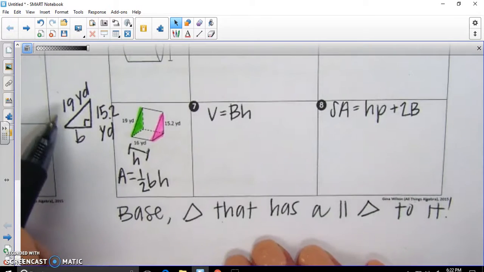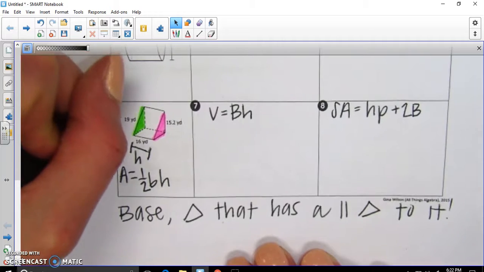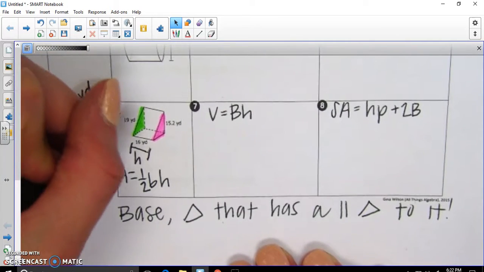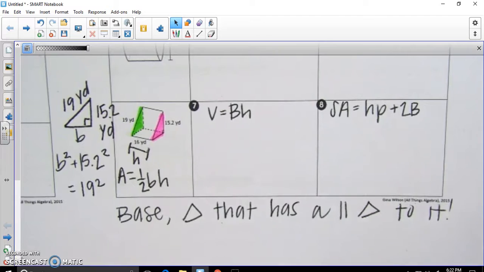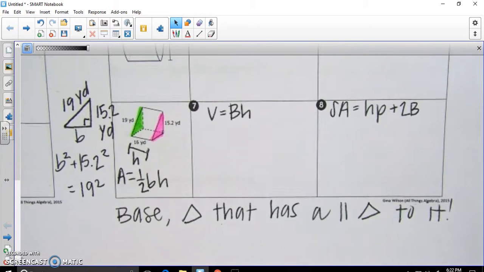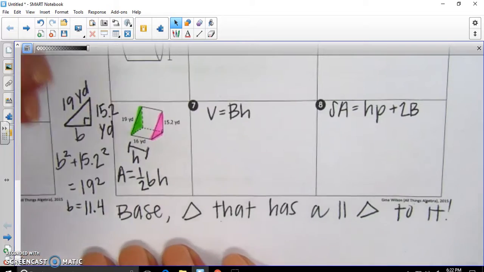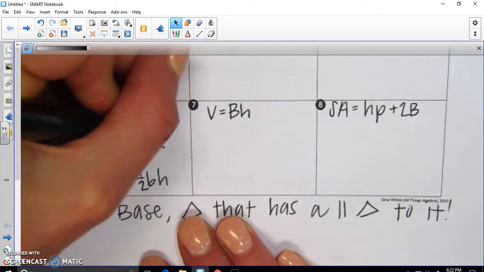We're going to use Pythagorean theorem again. B squared plus 15.2 squared is equal to 19 squared. So go ahead and do that and find B. And we're going to find that the base length of this is 11.4.